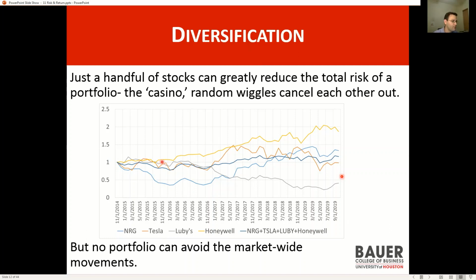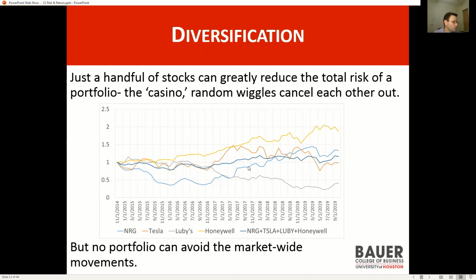You can see that there's an awful lot of variation. So something like NRG has a bad beginning of the period. That 2014, 2015 is very bad for them, but then they rebound very strongly. Honeywell, on the other hand, does very well throughout kind of the entire period. Luby's starts off strong, but then kind of tanks at the end. Right, so there's a lot of variation across stocks and within stocks over time.